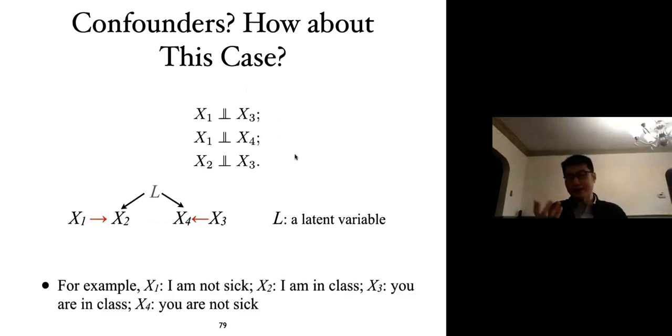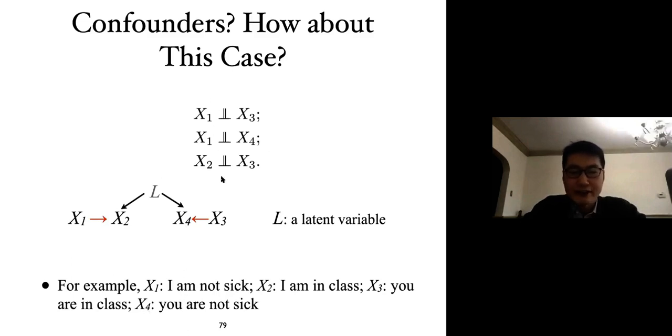Similarly, you can apply this way of thinking to infer confounders and to causal discovery, even in your daily life. Let's consider events. X1 is I'm not sick. X2, I'm in class. X3, you are in class. X4, you are not sick. Now you can see X1 is independent from X3, and X1 is independent from X4.